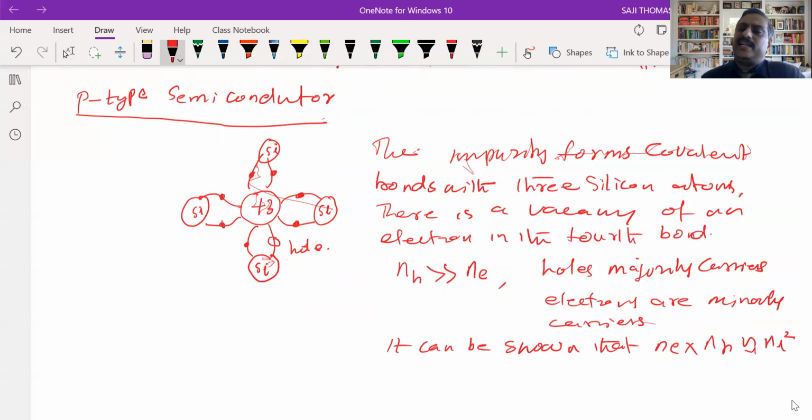Ni is the intrinsic carrier concentration. Here also, after adding the trivalent impurity, the crystal structure maintains charge neutrality, because the number of additional charge carriers is equal to the number of ionized cores. This impurity is called acceptor impurity.